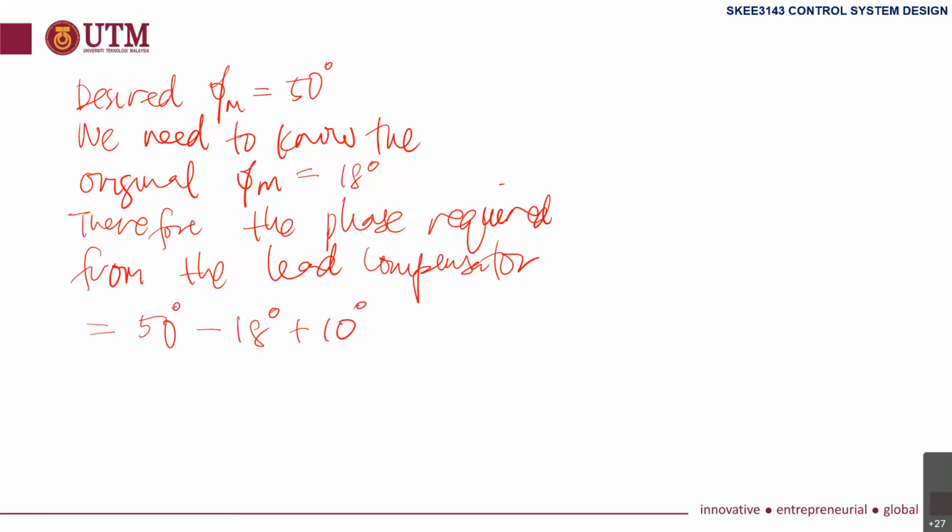Although not mentioned in the question, it is a norm to add 10 degrees. But it is not wrong also if you did not add a correction factor. So 10 here is a correction factor. So 50 plus 10 minus 18, 42 degrees. So we want 42 degrees from the lead compensator.